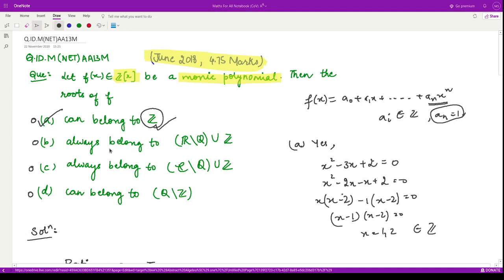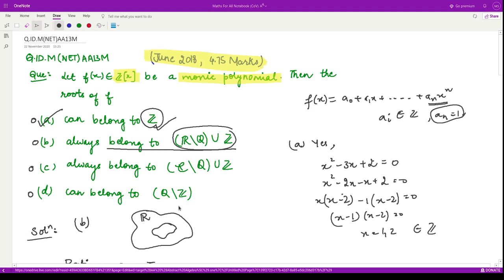Now they are asking, the roots of this polynomial, do they always belong to R minus Q union with Z? What does this mean? It means that we have the set of real numbers, and in this we have the set of rationals, and here we have the set of integers.